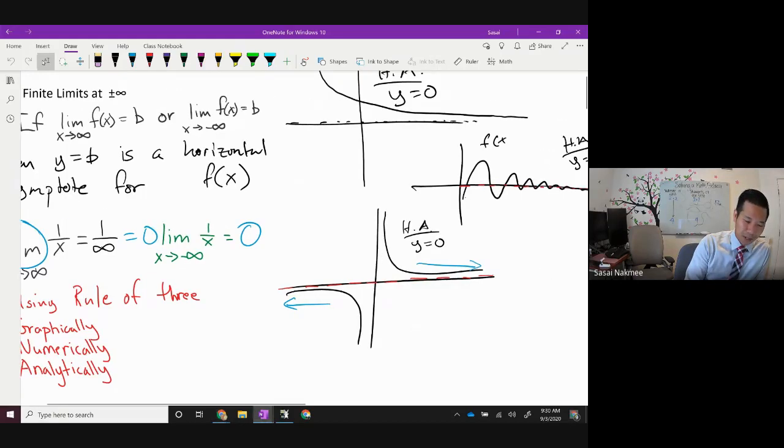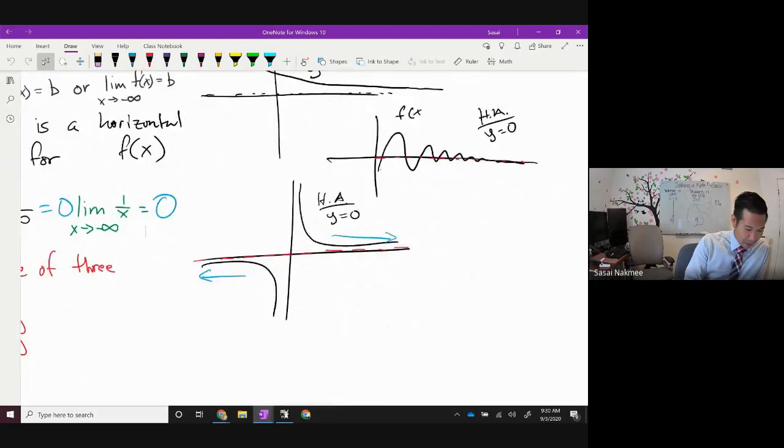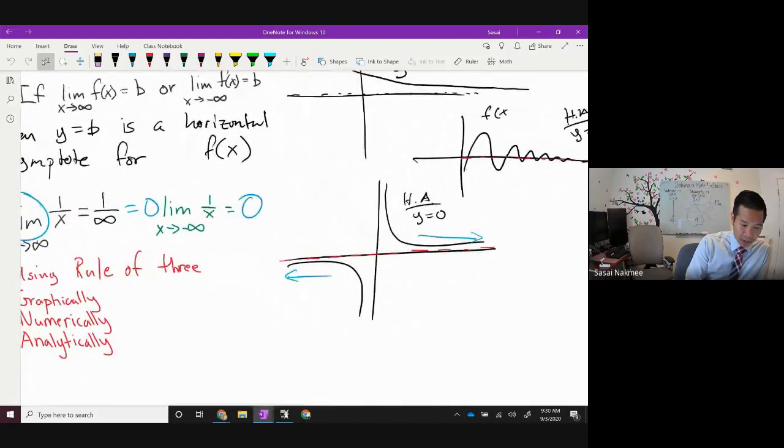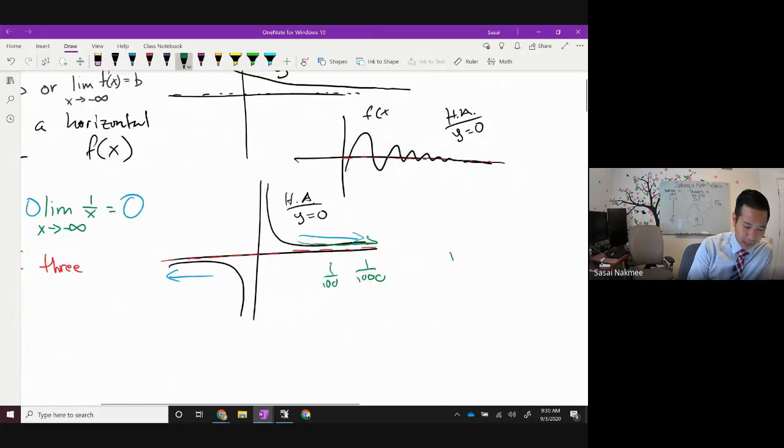But for a horizontal asymptote, you have something like this for 1 over x. It looks like it's always true. It looks like as I go towards positive infinity, this thing will get closer and closer and never quite touch y equals 0, right? That's because as I make x larger and larger, that's what infinity is, it's going to 1 over 100, and then 1 over 1,000, and then somewhere down the line, 1 over 1 billion. 1 over 1 billion isn't actually 0.